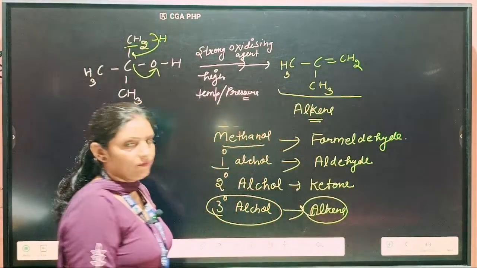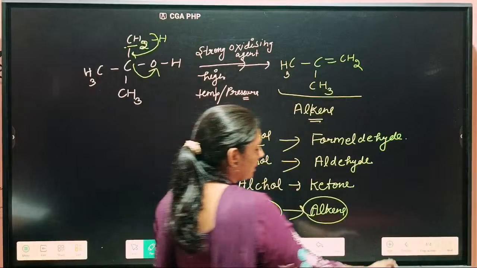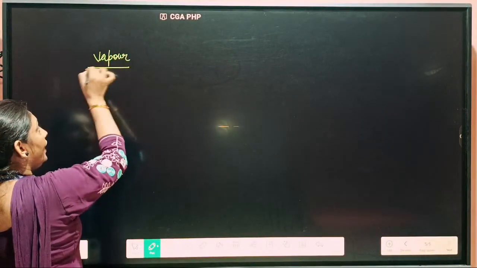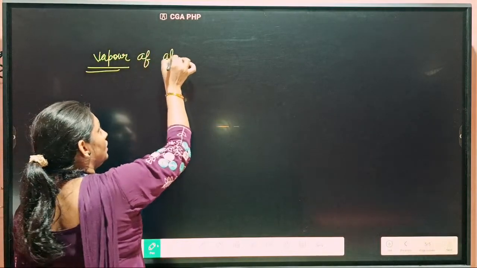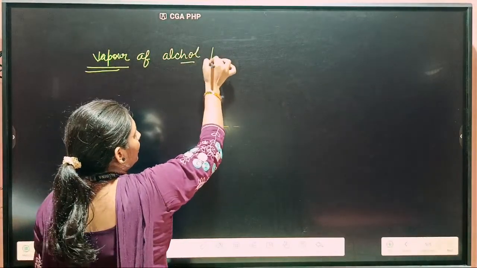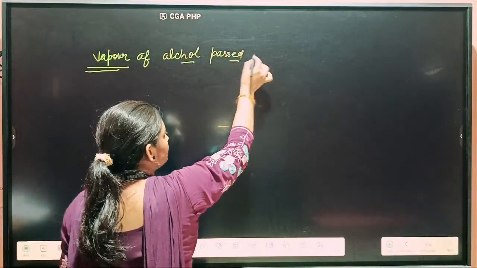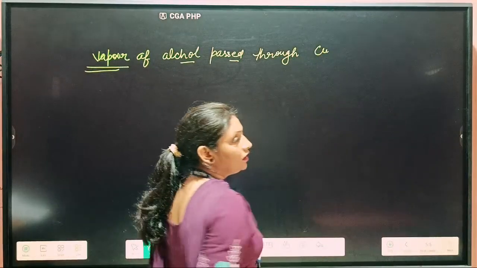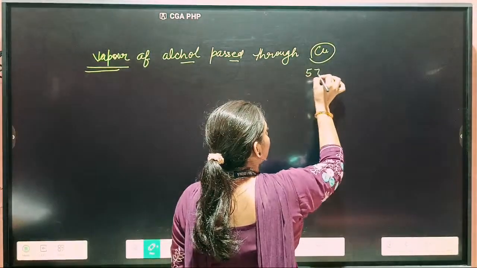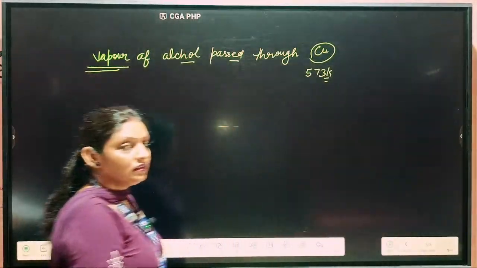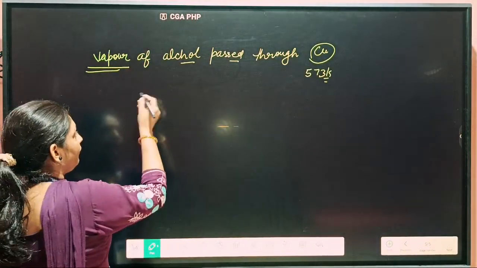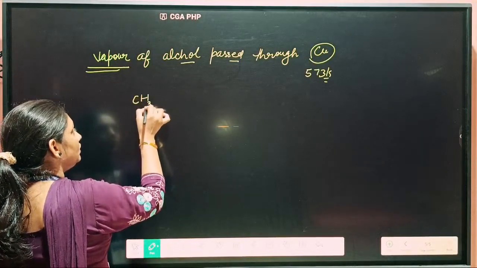Okay students, sometimes the same reactions we can proceed when vapors of alcohol pass through copper at 573 Kelvin. Then they produce the same products.